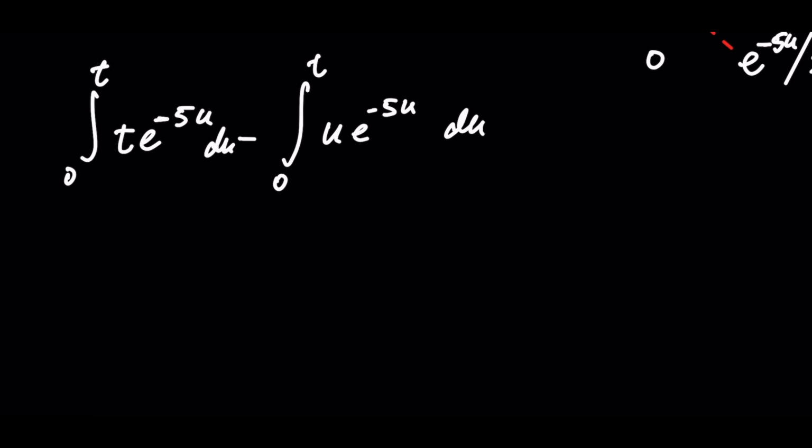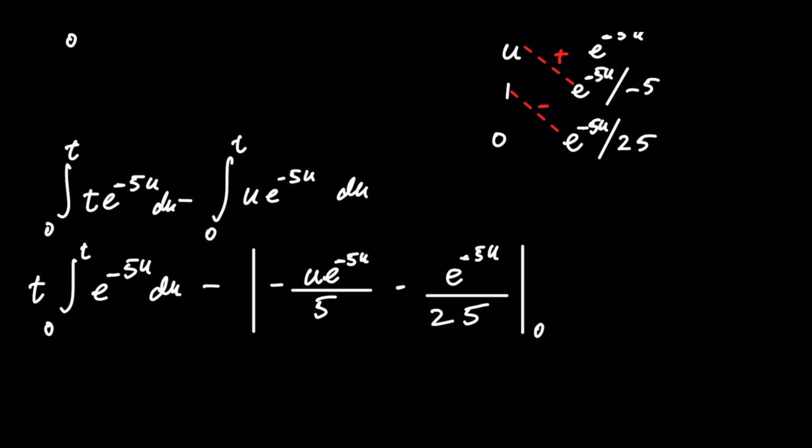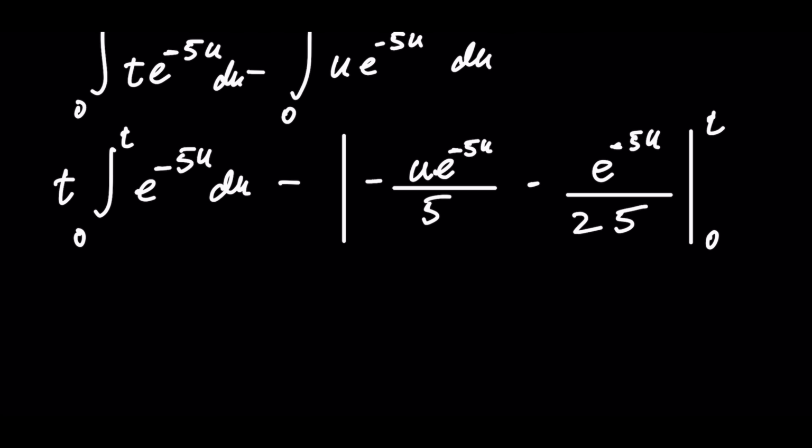Since we are integrating with respect to u, we will be taking this out of the integral, so it becomes this. Now integrating this exponent as well. This is the base.